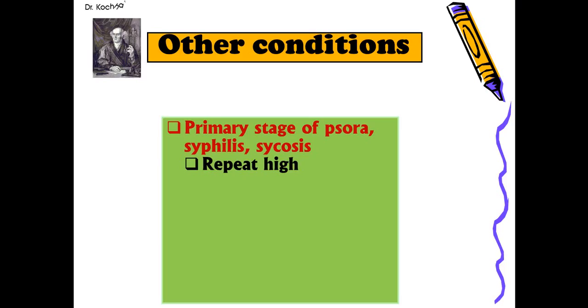Now in other conditions, say primary stage of psora, syphilis and sycosis, that is itch, malaria and syphilis. In these conditions, you have to repeat high potencies in centesimal. Whereas in 50 millesimal, you are required to give the medicine in a glass when you are making, and from there you are taking 2-3 spoons, rather dessert spoons, and diluting it further.